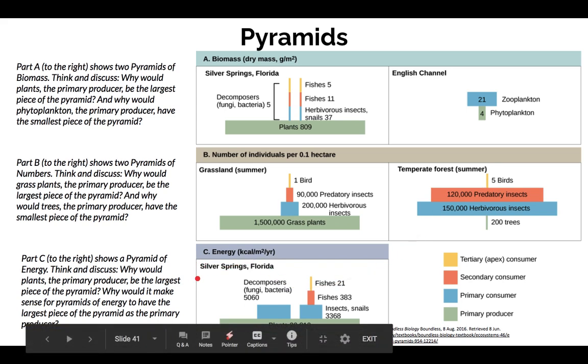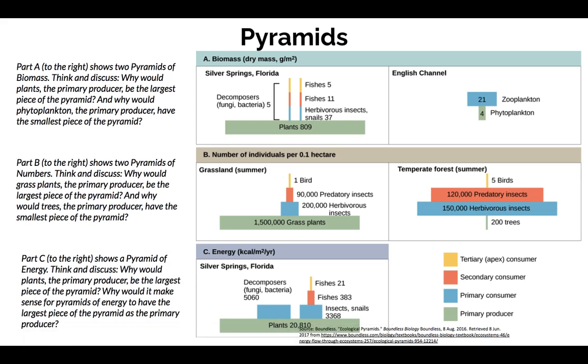And last one, okay, pyramid of energy. So why would plants, the primary producer, be the largest piece of the pyramid? And why would it make sense for pyramids of energy to have the largest piece of the pyramid as the primary producer? So generally, pyramids of energy are always going to be that nice pyramid shape. You're always going to have the largest piece of the pyramid on the bottom because your primary producer has to produce the most energy.